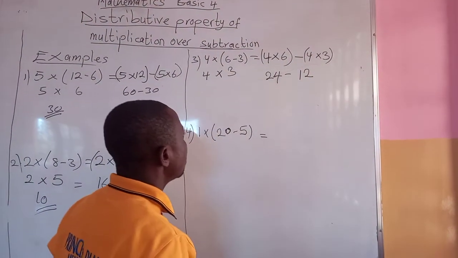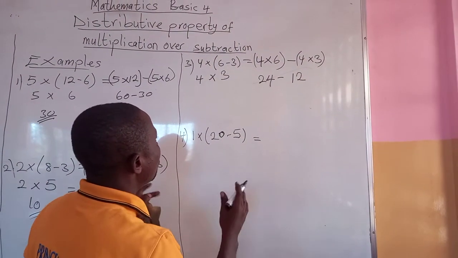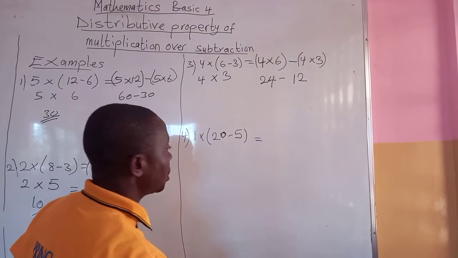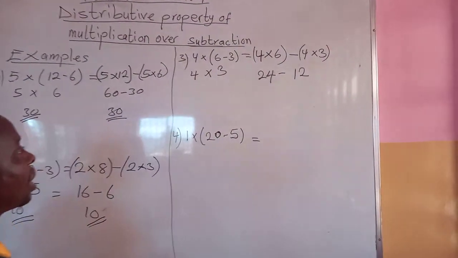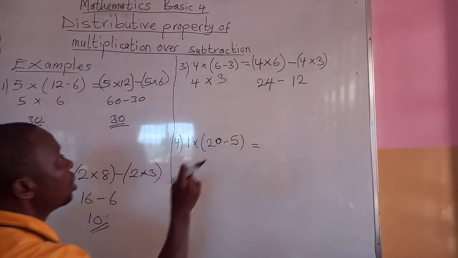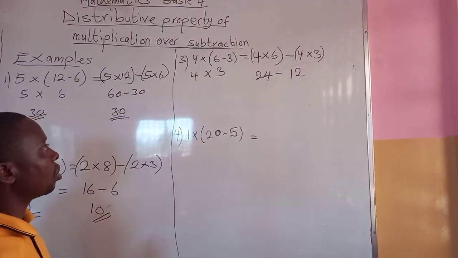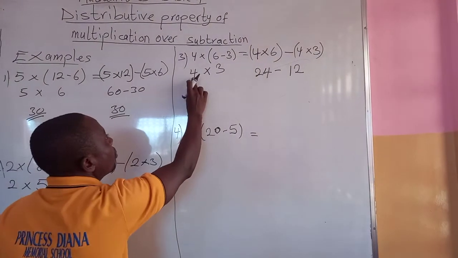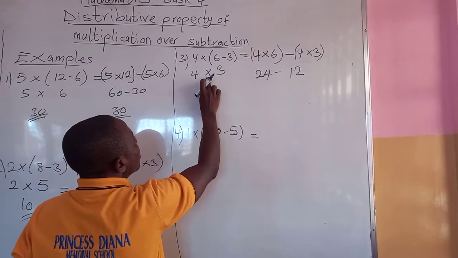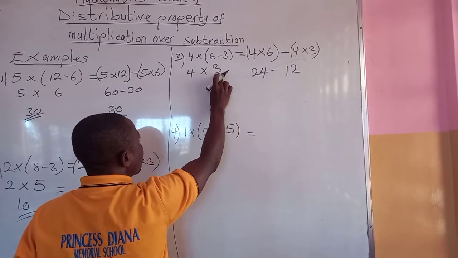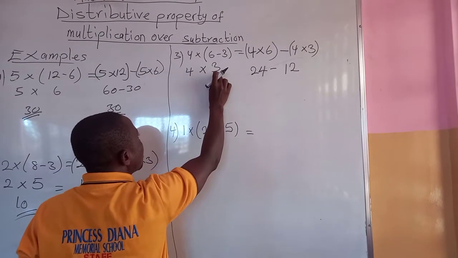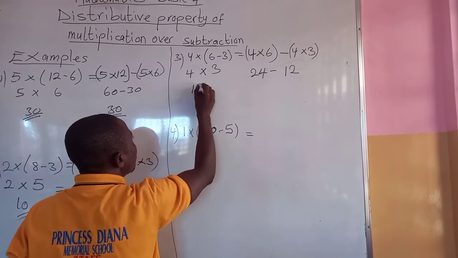Okay, very good. Now let's try comparing the two answers and see if the answers are going to be the same. If the answers are the same, then it means the operation is correct. Now 3 times 4, we have 12.